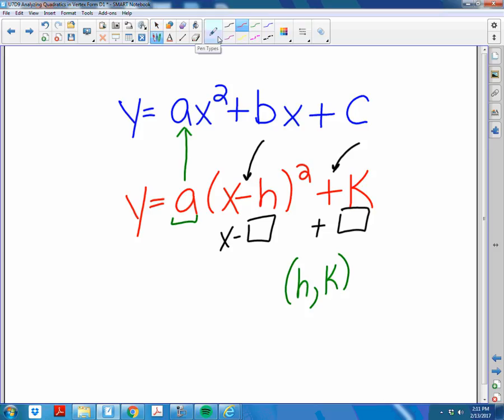If I tell you the vertex is at the point (4, -6), then you would put the 4 where the h is and the -6 where the k is. But you can't write an equation in algebra as plus and negative. So what would it look like once you spread it all out? It would look like (x - 4) squared minus 6. So this is where we have to be very, very careful about negatives and positives and kind of think our way through it.